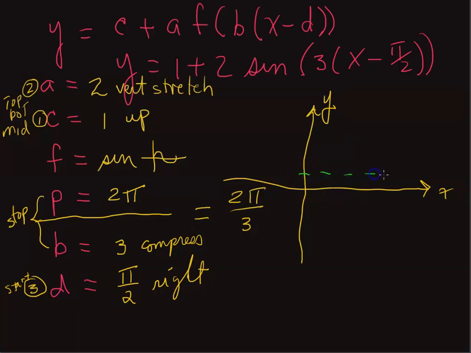That's our new center. Normally, the sine curve goes up 1 and down 1 for the top and the bottom. But in this case, it goes up 2 and down 2. That's our new top and bottom.